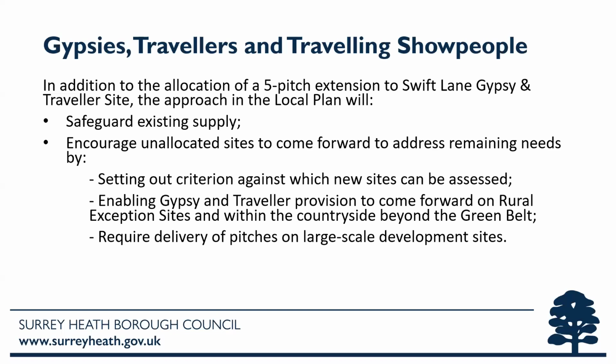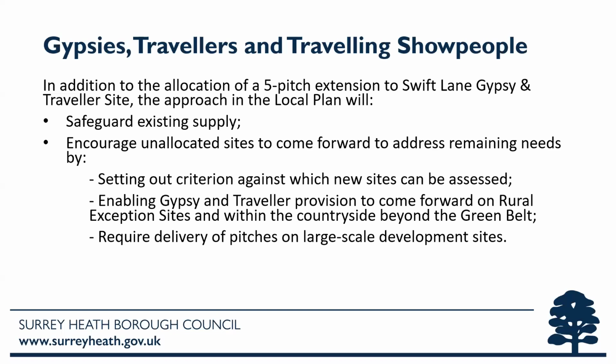To try and address the shortfall, however, a number of policies have been updated in the Regulation 19 local plan to provide a more permissive approach that encourages unallocated gypsy and traveller sites to come forward to help address the need. This has included setting out in policy H9 that rural exception sites may be brought forward for gypsies and travellers, and that pitches and plots will be considered acceptable in principle within the countryside beyond the Greenbelt.